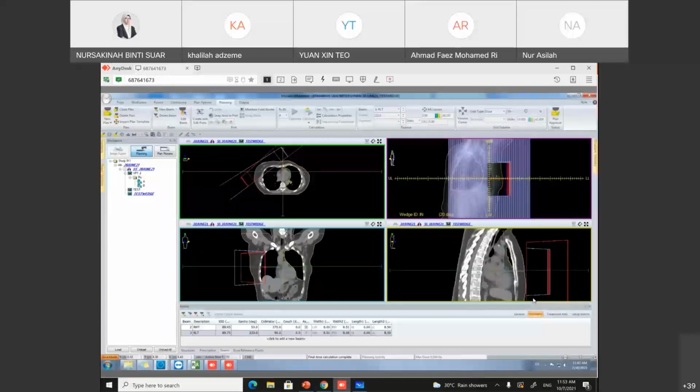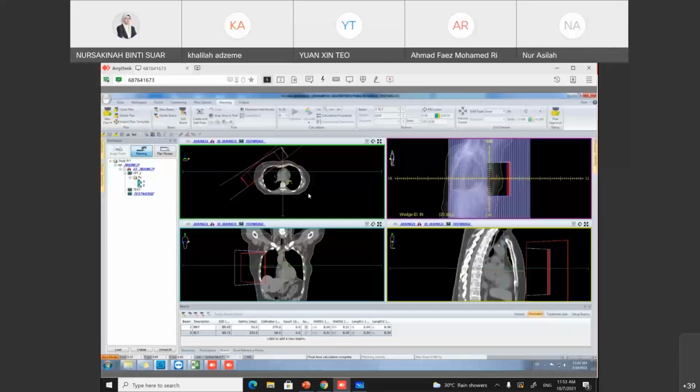After I put in the field, I found the treatment field for this patient is roughly 17 cm in length. It doesn't matter as long as we cover the whole breast.